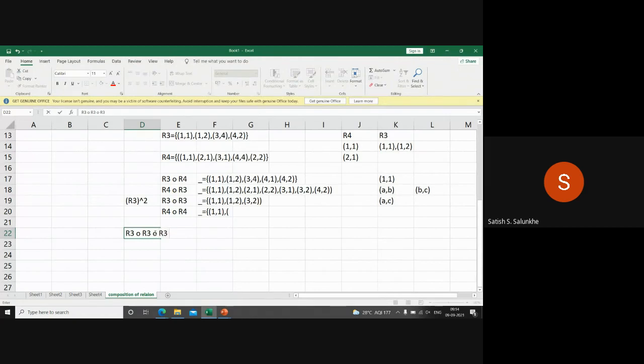So can you tell me now what will be the answer? R3 composition R3 composition R3. Already you have R3 composition R3 with you, that is this, and you are composing with this. So can you tell me what will be the elements?